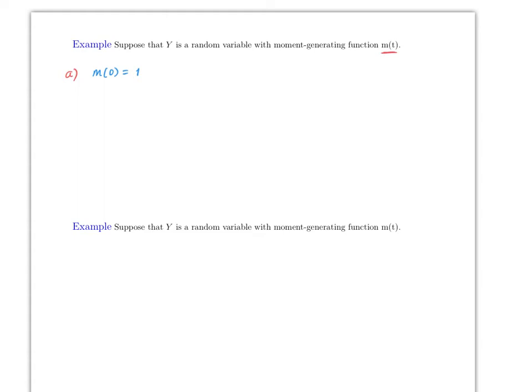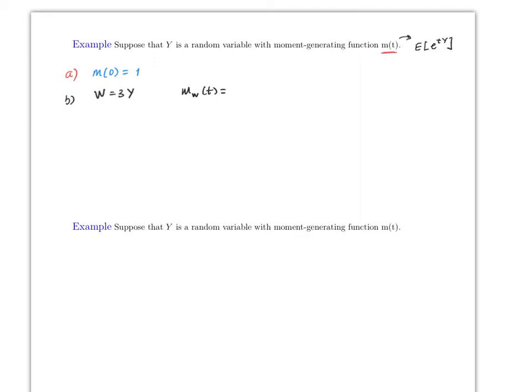For part B, let's say that we have a new random variable w, which is 3 times the random variable that we already have, which is y. And you want to know now what's the moment generating function for w, given that you know the moment generating function for y. Remember, m of t here, by definition, is equal to the expected value of e to the ty.